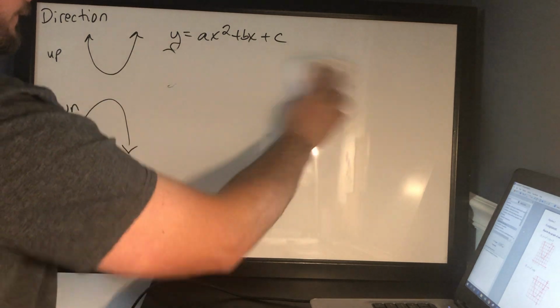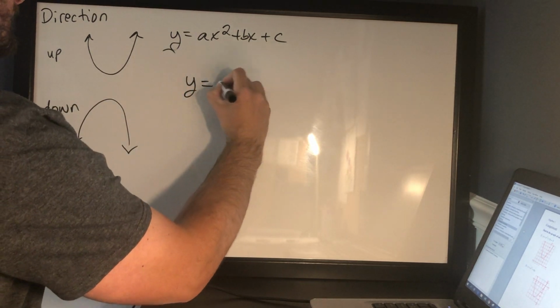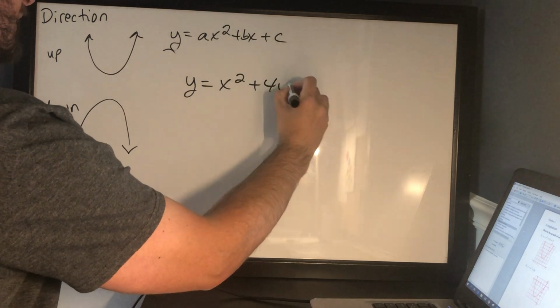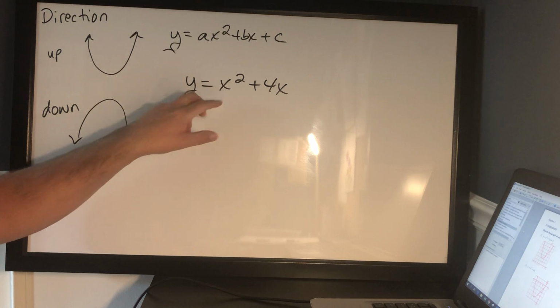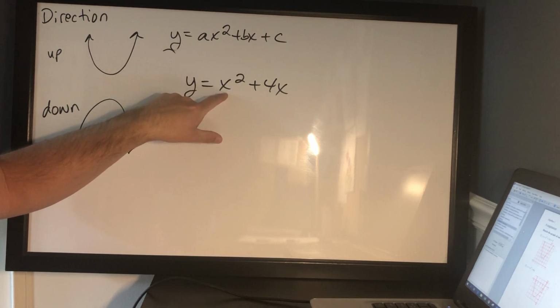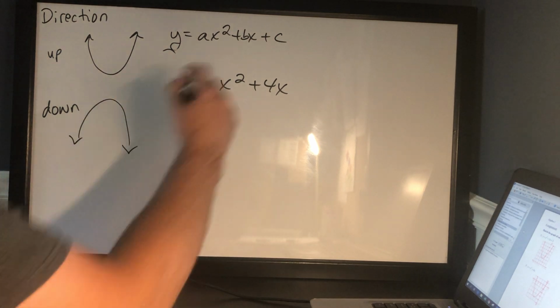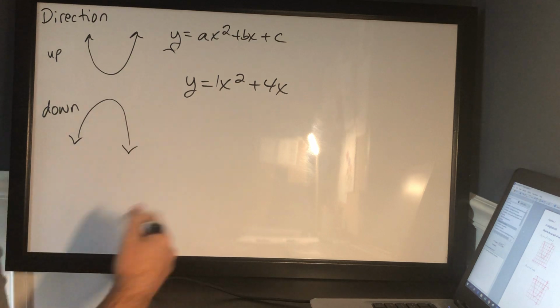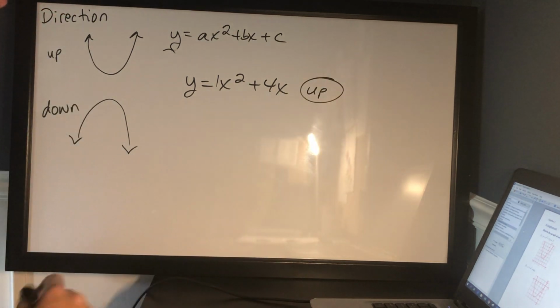All right, so number 3, y equals x squared plus 4x. Now remember, back at the beginning of the video, I told you guys, you at least need this part to have a function. We at least need this quadratic portion, okay, which we do. We've got this right here. So y equals x squared plus 4x. In this case, a, which would be right there, is 1. It's positive, so you guys would say that this function would open up.